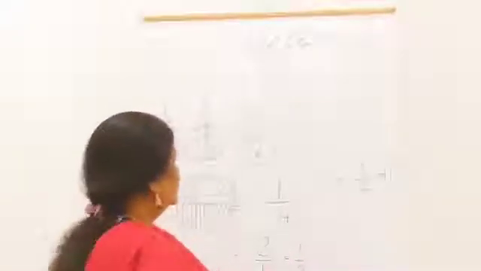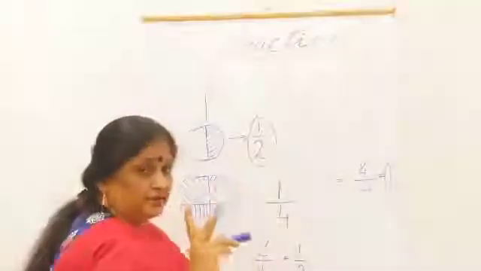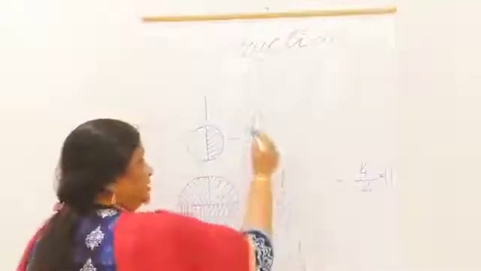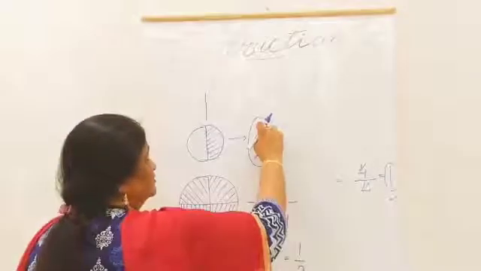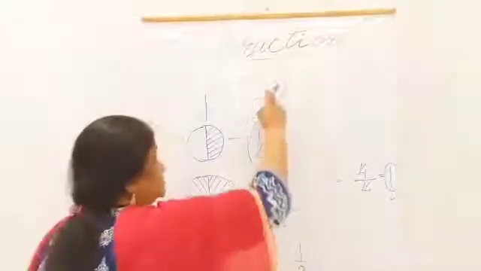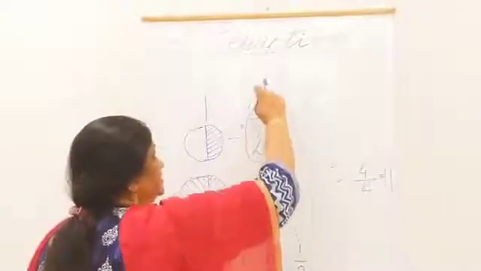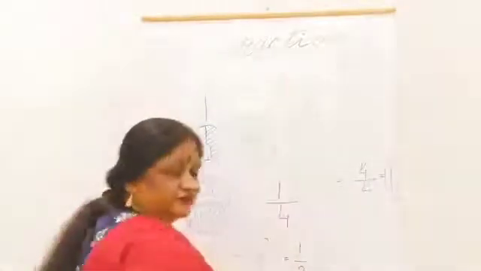So children, you have seen that we have used two numbers, one on the top and the second below. When we write numbers in this way, it is known as fractions.